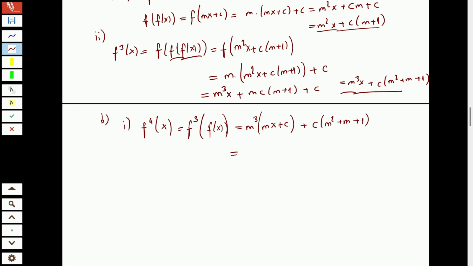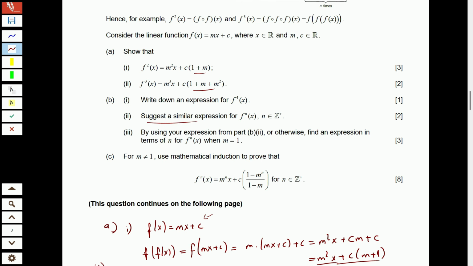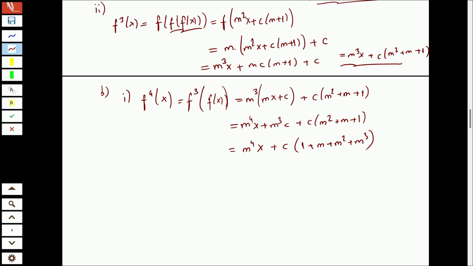When we combine like terms and simplify, we get m⁴x + c(1 + m + m² + m³). As you see, the power of m is increasing by 1, and the last term is also increasing by 1. Suggest a similar expression for the n-th composition.